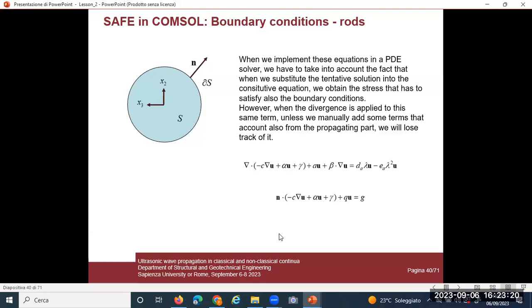But in your equations of motion, since these are 3D, there are also derivatives with respect to x1. But if you enforce the solution on the two-dimensional domain, your solver will completely forget about the component along x1, but you've got to put it. Otherwise, the equations of motion are just wrong.